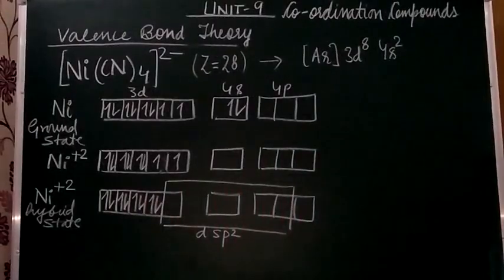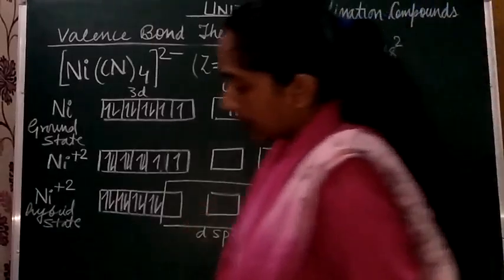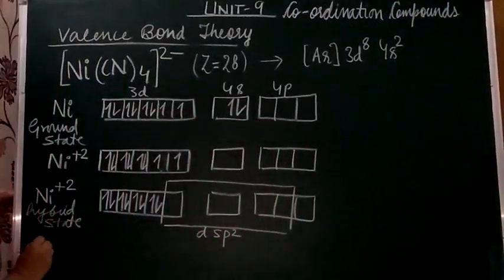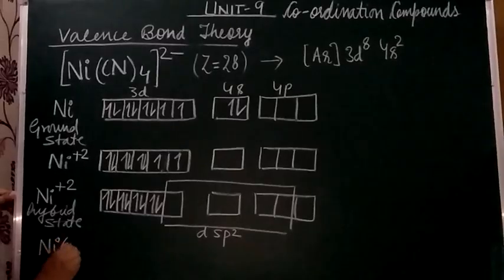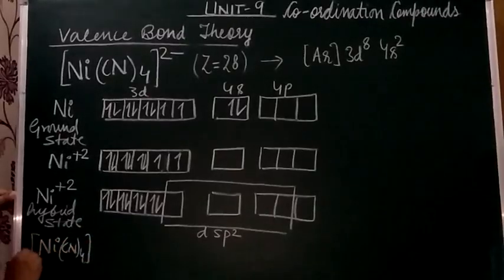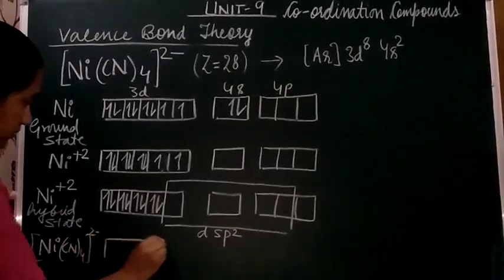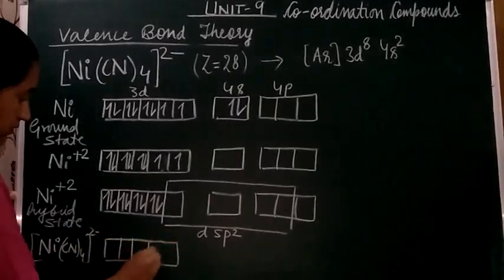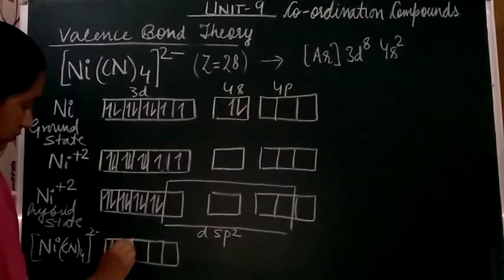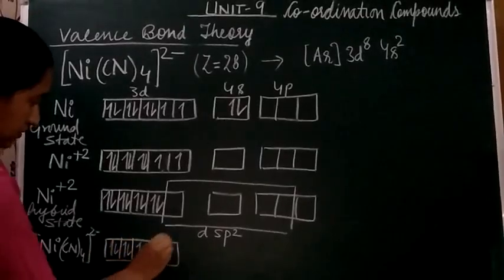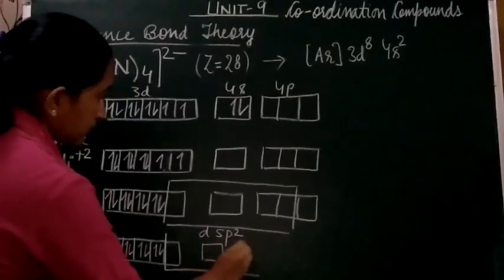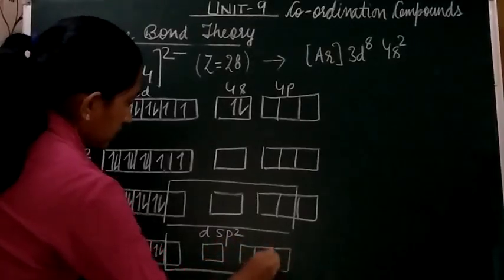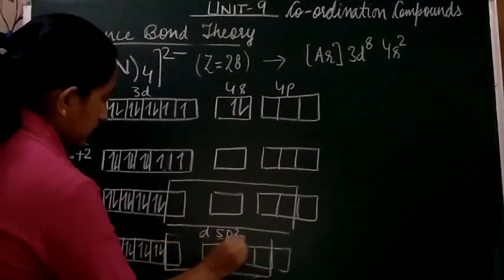Now you can just write down the configuration here for the complex. So it is [Ni(CN)4]2-.